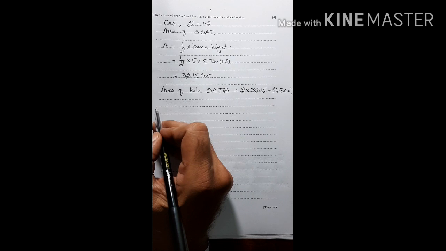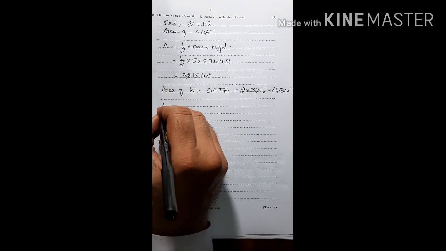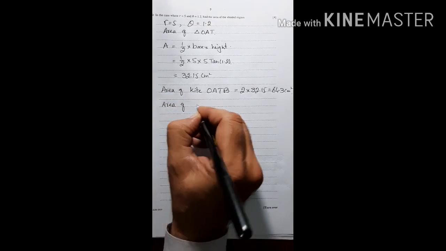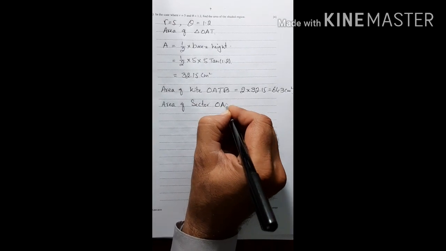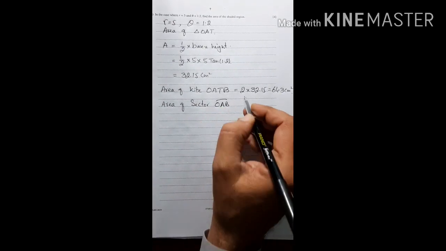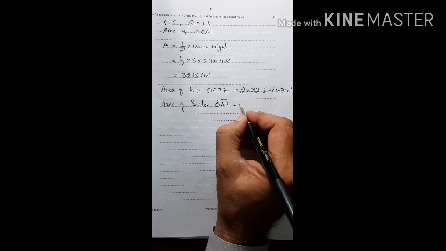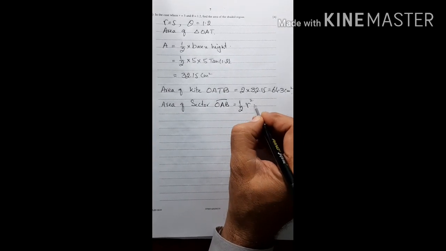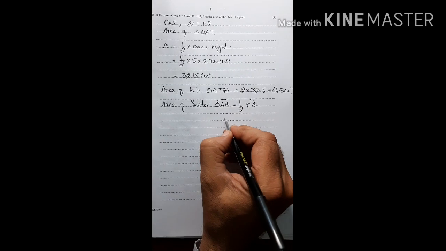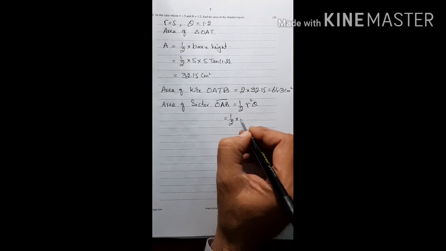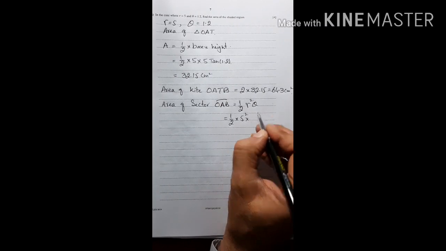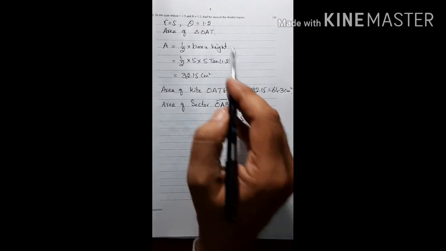Now area of sector OAB is 1 over 2 r square theta. So it will become 1 over 2, r is 5, so 5 square, and theta is 1.2.